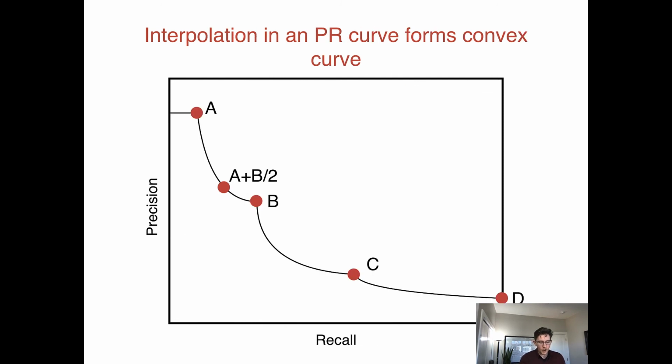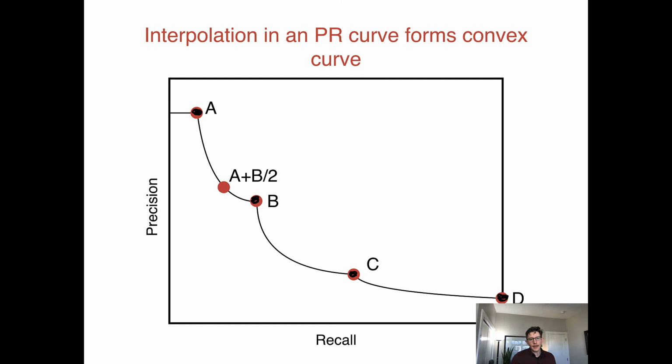Here's the pitfall that I see very often in practice, and don't do this. So now how about in a precision recall curve? Again, here I've drawn the case where we have these points. What happens if I want to do A plus part of B?